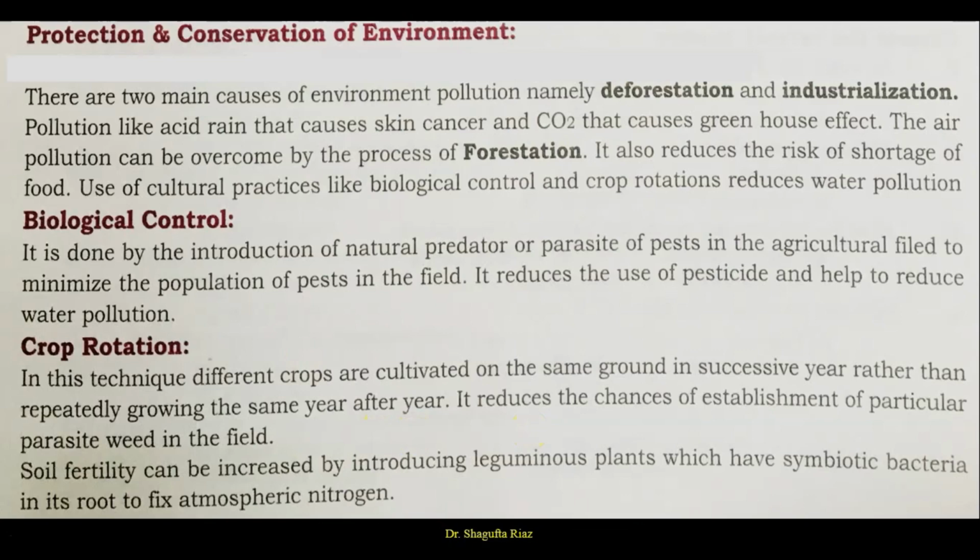It will reduce the chances of the particular parasite of that crop, right? Soil fertility can be increased by introducing leguminous plants. What are leguminous plants? These have symbiotic bacteria which can fix atmospheric nitrogen into the roots of the plants or the crop.